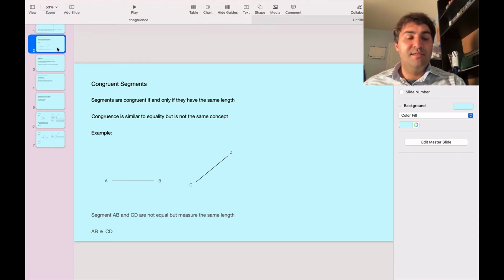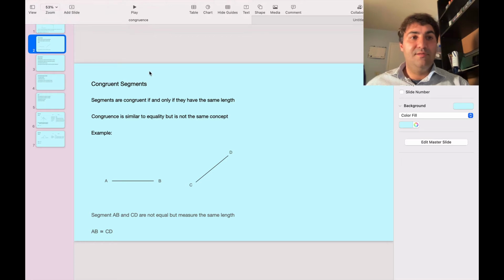Let's take a look at these two segments here, segment AB and CD. If you measure these lines, they both have the same measure, but they're obviously different lines. So they have the same length, but they're different segments. So we can write down that segment AB is congruent to segment CD.